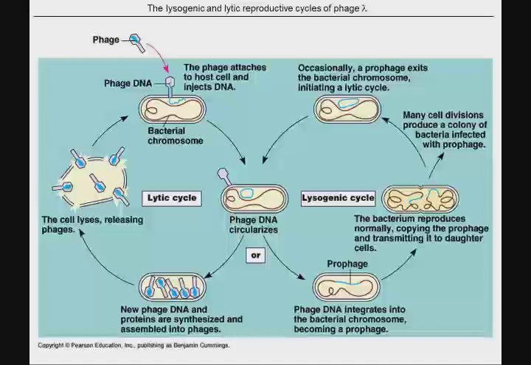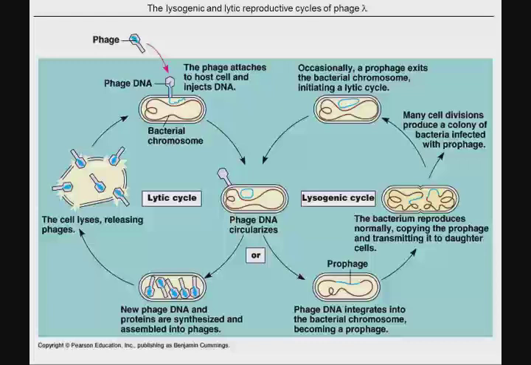And the lysogenic cycle is going to be the key to us using viruses to deliver genes. Because in the lysogenic cycle, this is the cycle on the right on this page, after the virus inserts its DNA into the host cell, as opposed to destroying the host DNA, what it does is it incorporates itself into the host DNA. And this is what we call now a prophage. So remember, a virus that infects bacteria is called a phage.